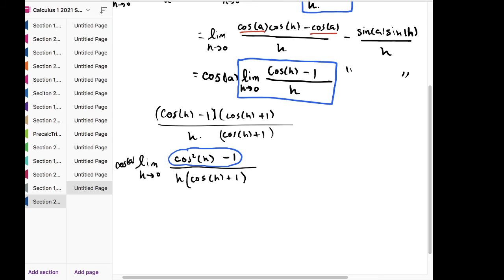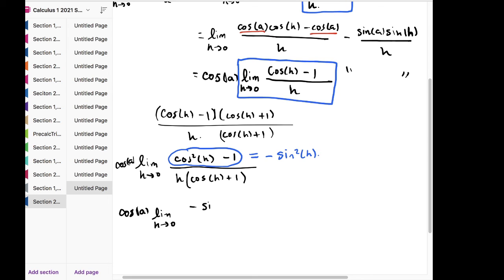What's sine squared? It looks like this, but it's a little bit different. Right, it's negative. Sine squared would be 1 minus cosine squared, right? So it's just the reverse. Okay. So we have minus sine squared.